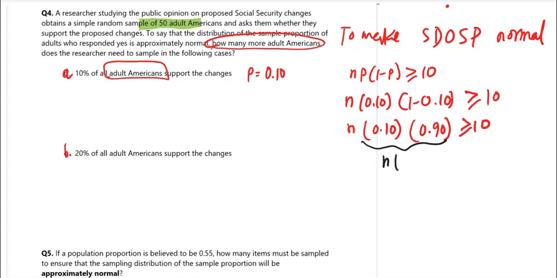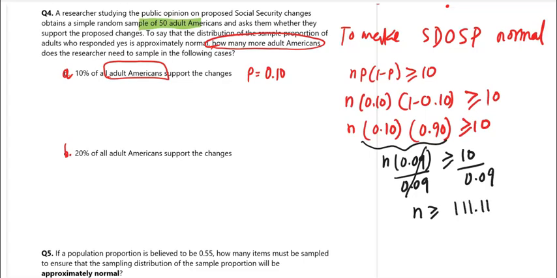You divide by 0.09, and if you divide 10 by 0.09, you get n greater than or equal to 111.11. So the sample size needed is 111.11 or more.